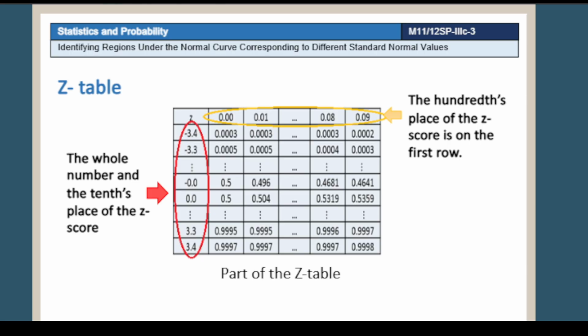So if you're going to look, for example, for 3.41 or -3.41, you're going to look for -3.4 and then 0.01. And the cell where they meet when you intersect them is the value of the area covered with that z-score of -3.41.